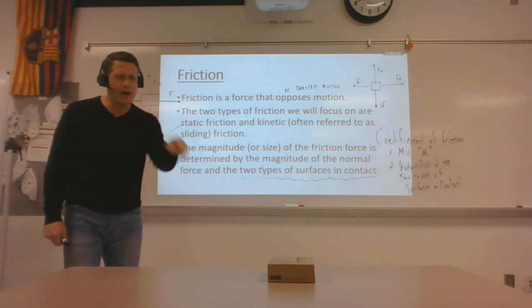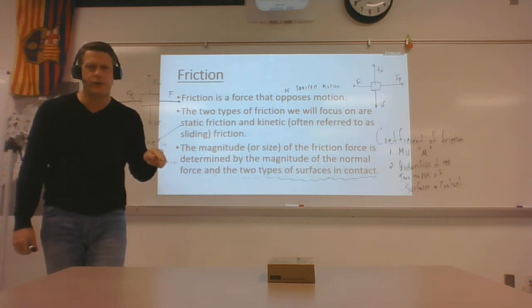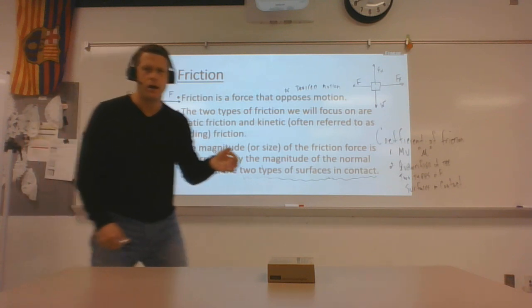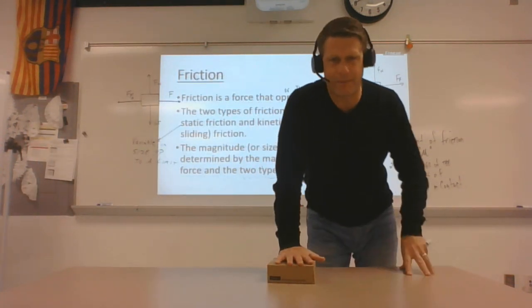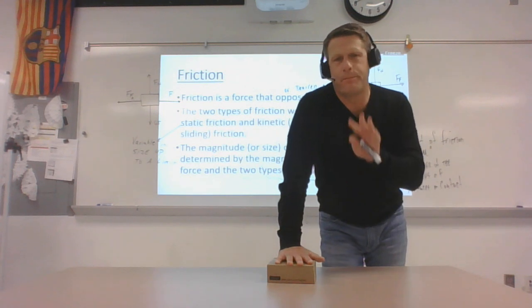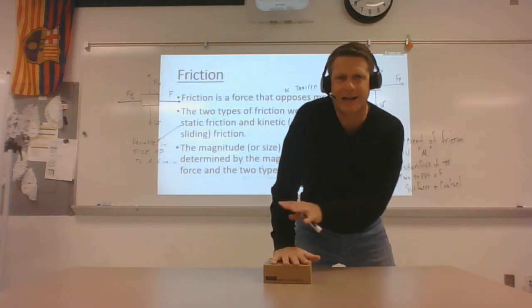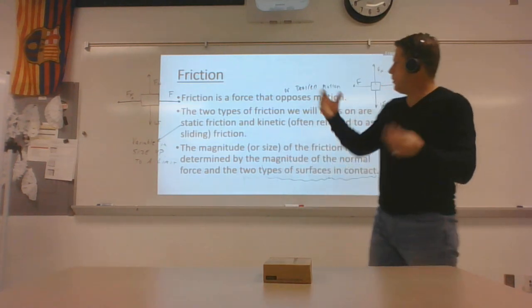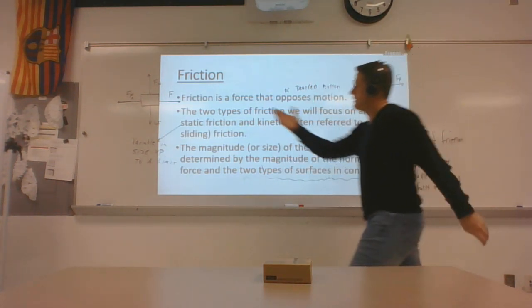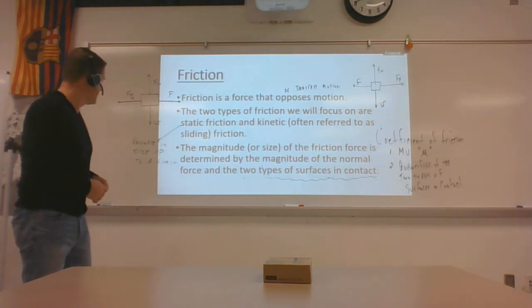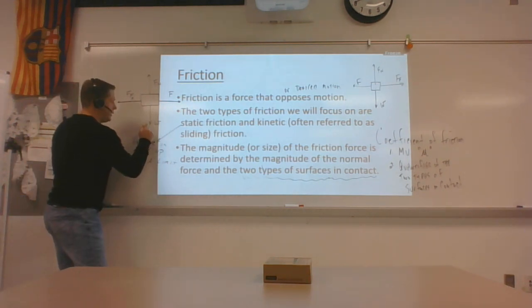Because think about it. How else could I get this box to stick to the table more? I could push down on the box. Well, if I pushed down on the box, the table and the box stick together more. Well, what would that look like on this force diagram, for instance? I'd be adding this other force.